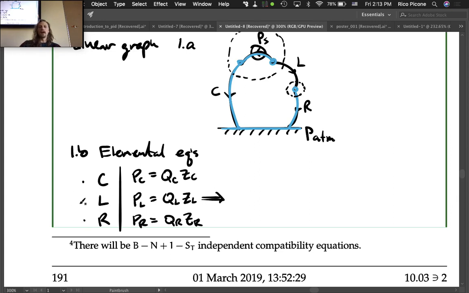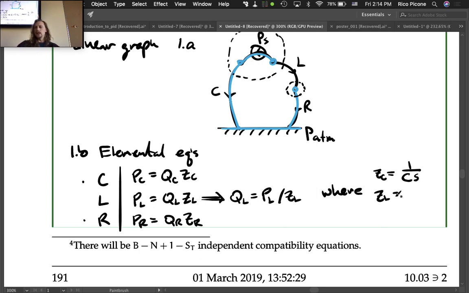And so we've got to solve for the primary variable for the link, so QL equals PL over ZL. This isn't required, strictly speaking, but it's useful. And then let's write down each of these impedances. ZC equals 1 over CS, ZL equals LS, and ZR equals R.